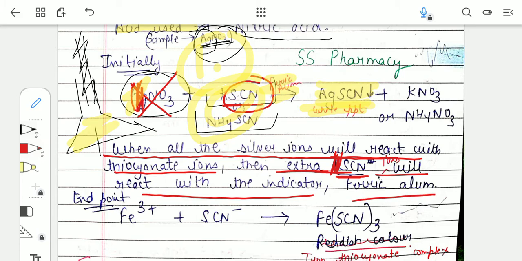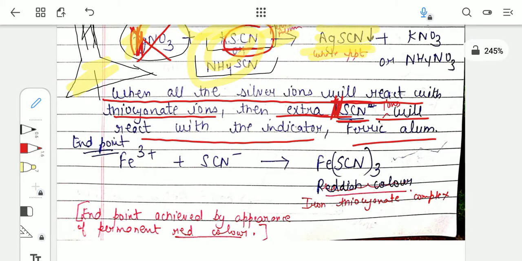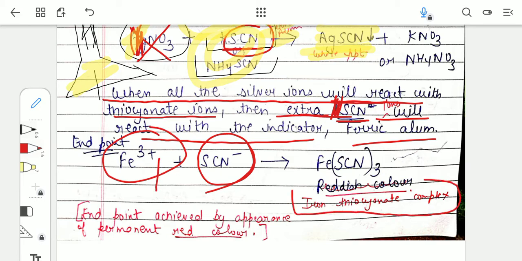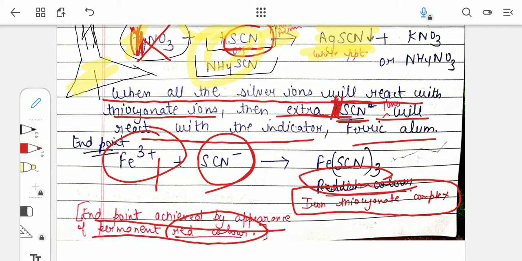So this is our second step. Now all the silver ions have been consumed, so our titrant which has thiocyanate ions will react with the ferric ions of the indicator to form iron thiocyanate complex which is of red color. The endpoint is achieved by the appearance of permanent red color. This is our final step.